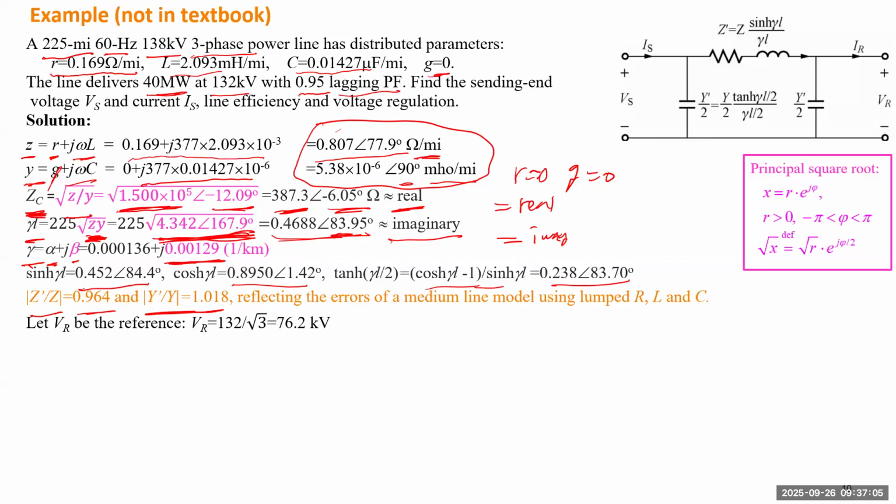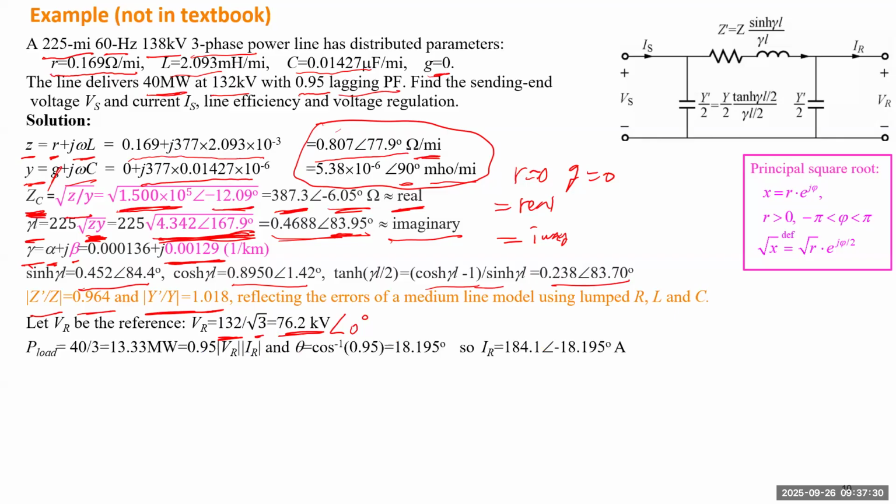Okay, so next we want to calculate the phasors for voltage and current on the sending end, and we can use the receiving end voltage as the reference. We already know the line-to-line voltage, and dividing by root 3 gives the line-to-neutral voltage, which we treat as having zero angle.